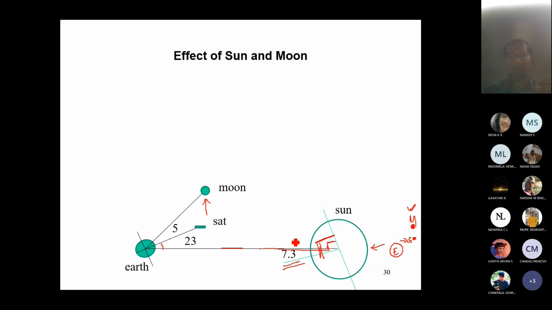So in every rotation, the forces acting on the satellite from the moon and from the sun are not uniform. Sometimes the satellite experiences forces from the moon itself, not from the sun. Sometimes it will experience forces from both moon as well as sun. So in general, the total force or the average force is not uniform.